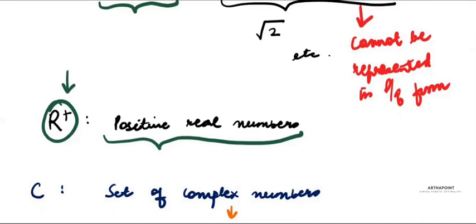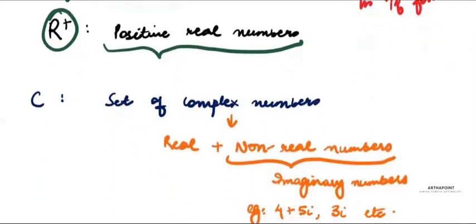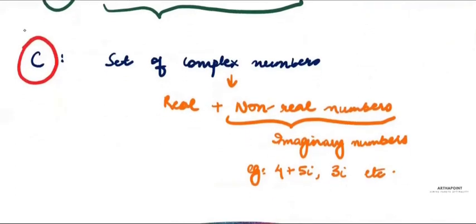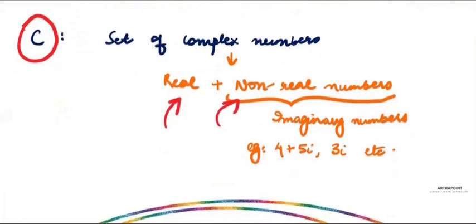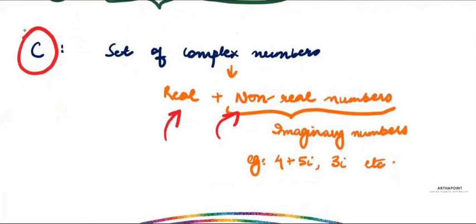I introduce a new term then, which is known as C, and C is for all the complex. So complex numbers are a set of real plus non-real numbers. What are non-real numbers? Non-real numbers are any numbers which are imaginary numbers.